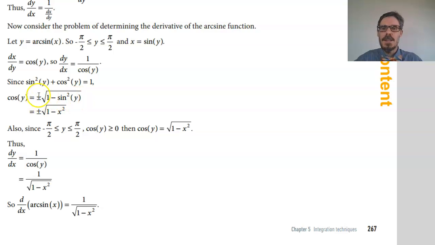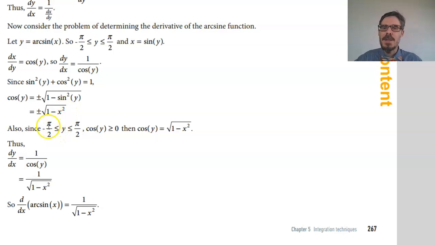But actually, it's plus or minus. I don't know which. But sin^2 y is just x squared. That was a clever trick, wasn't it? x is sin y, so sin^2 y is x squared.